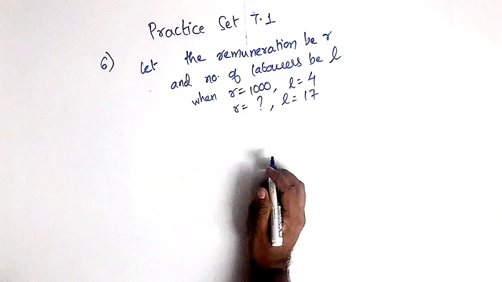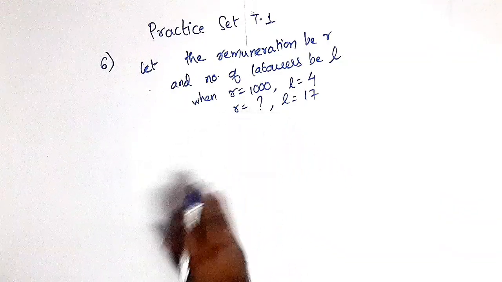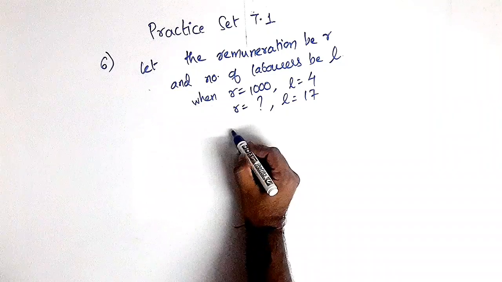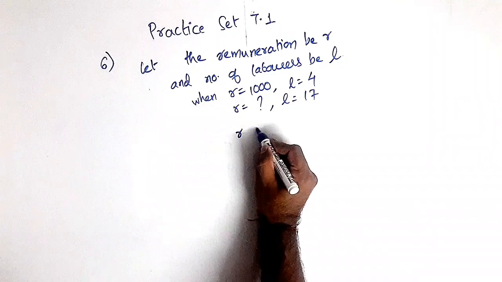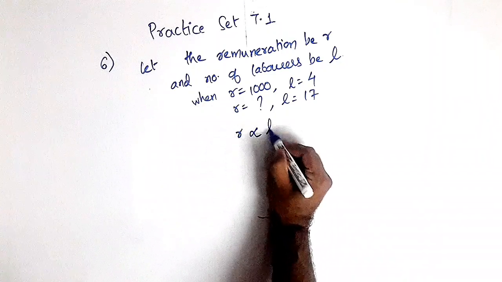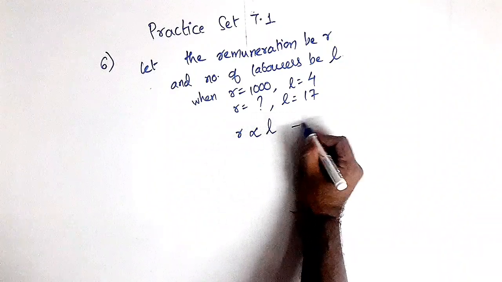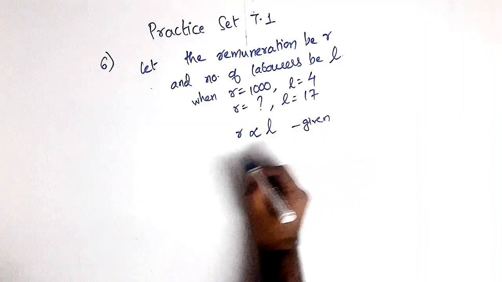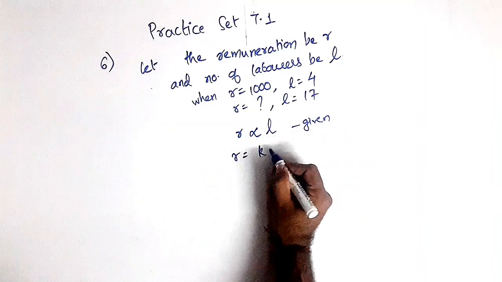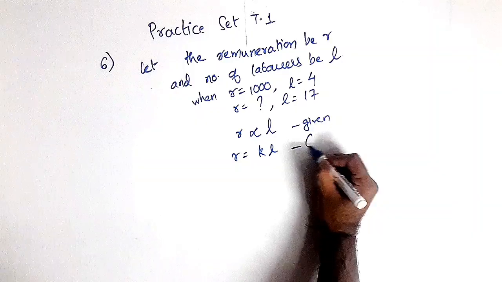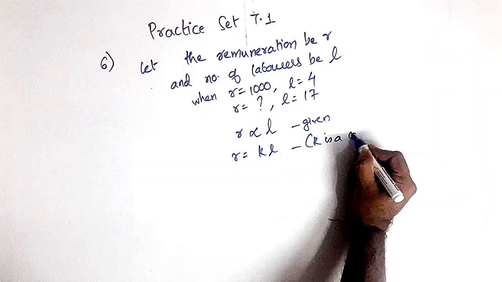Here, the first thing they have given is that remuneration varies directly with the number of laborers. So we'll write this. Then of course we will take a constant. R is equal to KL, K is a constant.